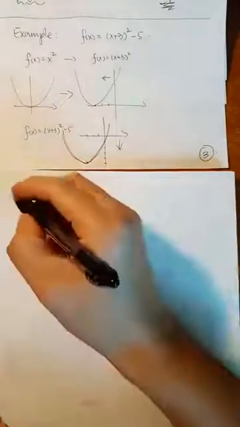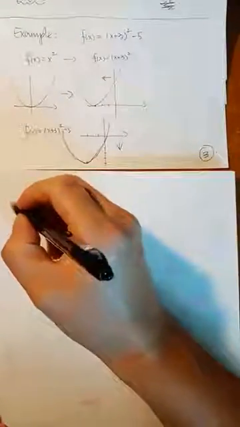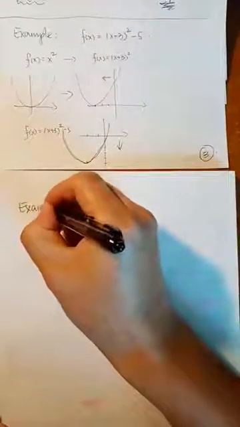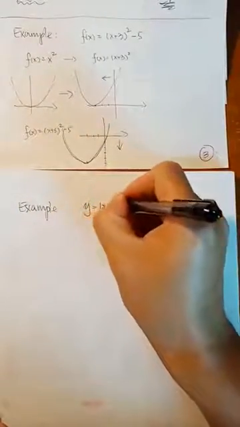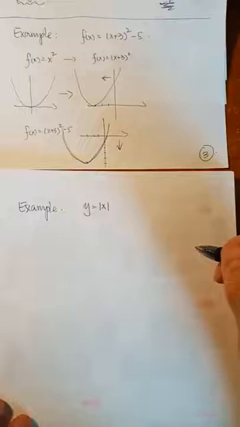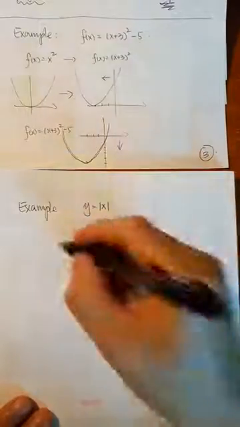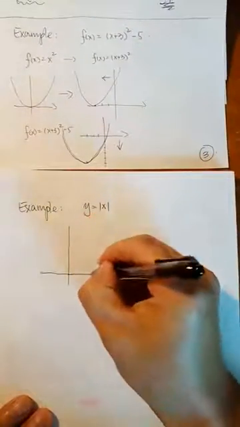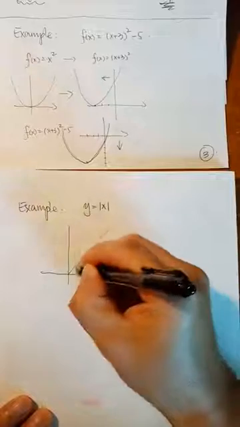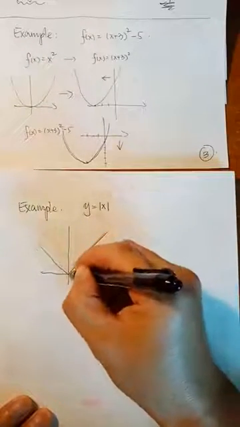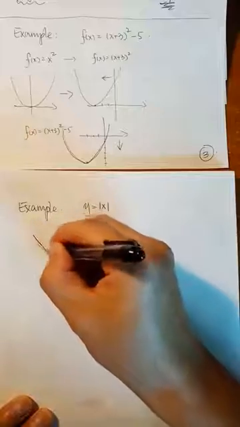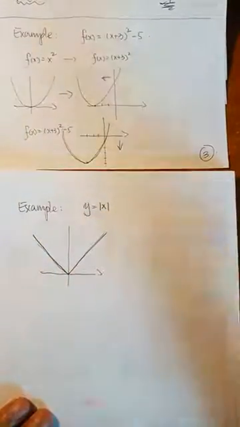Now we are going to stretch it. For example, we have the absolute value function. The absolute value function has a graph like this. You have two diagonals, the diagonal of the first quadrant and the diagonal of the second quadrant. This is the graph y equal to x.